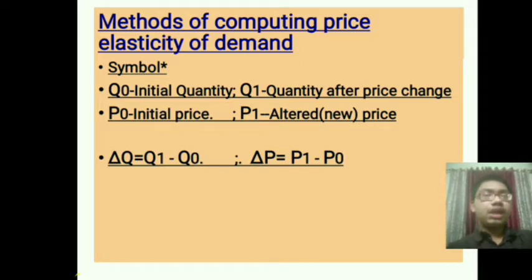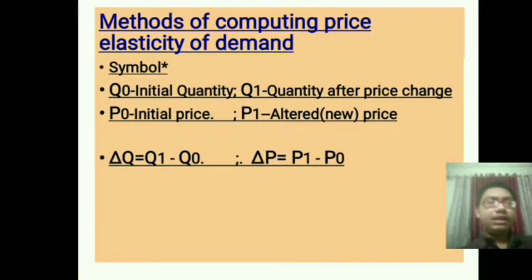P0 means the initial or original price of the good, and P1 will be the altered or new price of the good. Delta Q is Q1 minus Q0, or new quantity minus old quantity. And delta P naturally is P1 minus P0, new price minus old price.